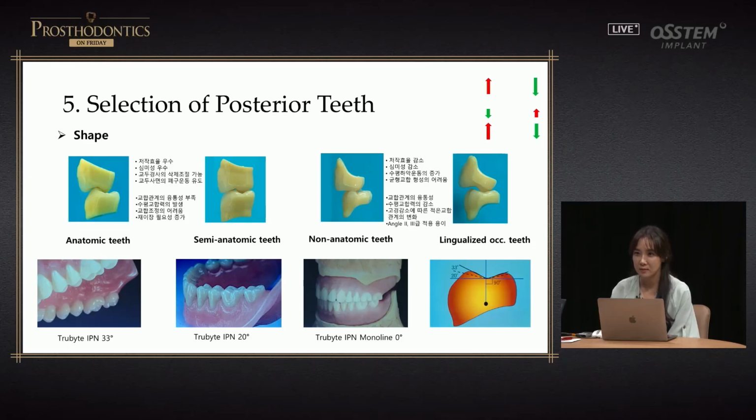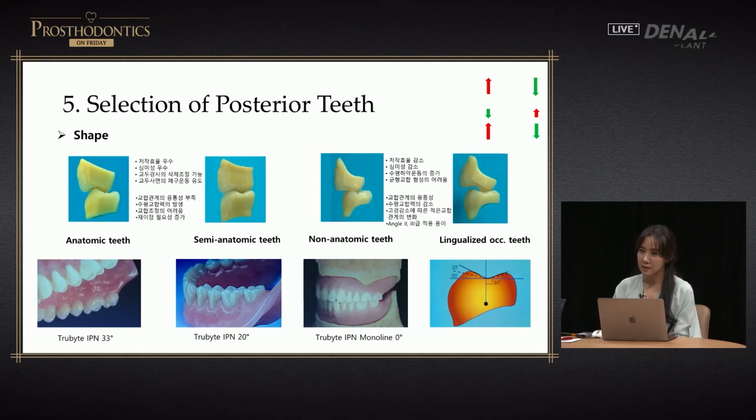Non-anatomic teeth have almost no cusps, with low chewing efficiency and aesthetics, increasing horizontal mandibular movements. But this can be used for class 3 patients where jaw relationship is unstable and cannot be adjusted properly. Providing balanced occlusion would be a little bit more challenging because of lack of cusps.